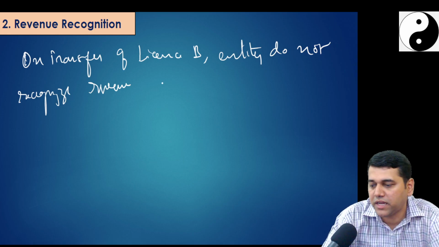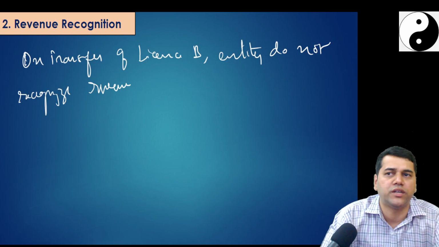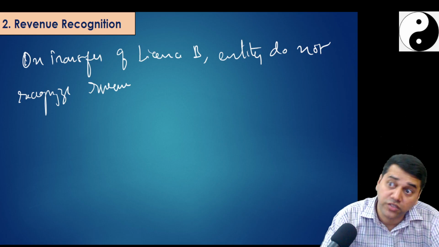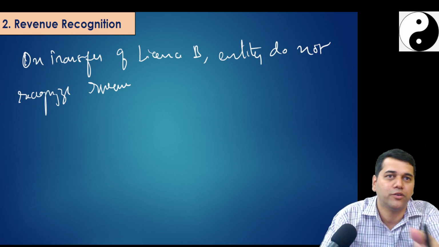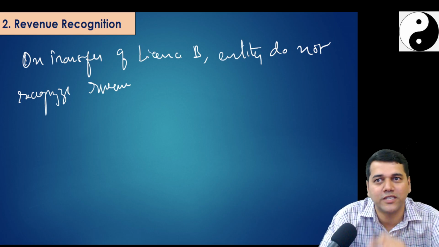I transferred it, but I will not recognize. And see, the first working note, if you have understood it, you need not do it. Maybe not relevant for this, relevant for the second one, for B. First one is very simple. Anybody will understand because it's a genuine transaction. Second one was not genuine, so you understand the complexity there.